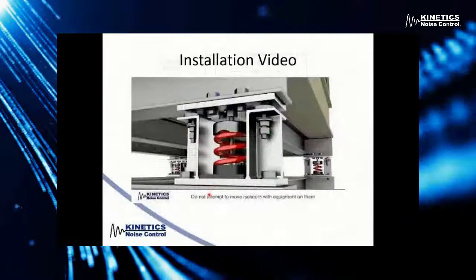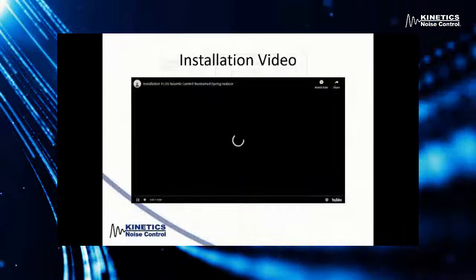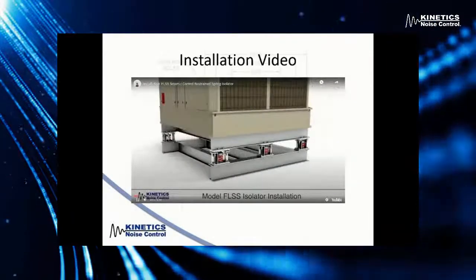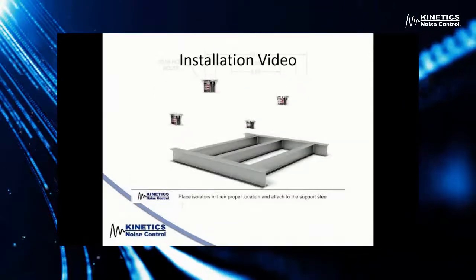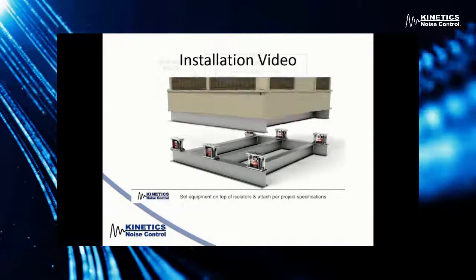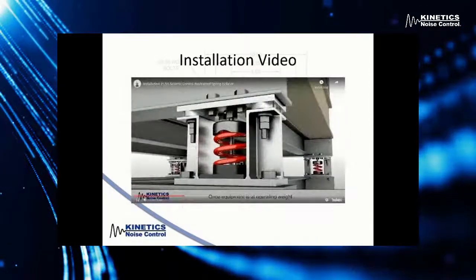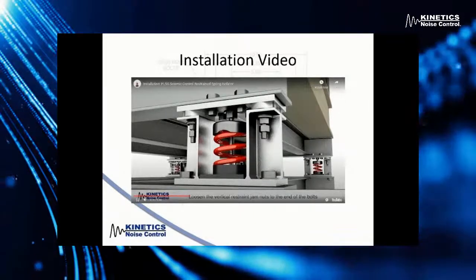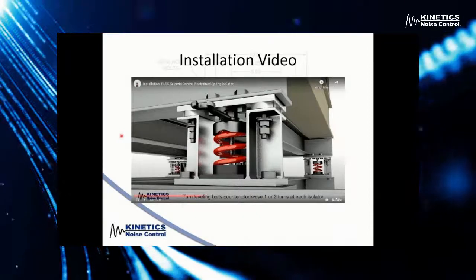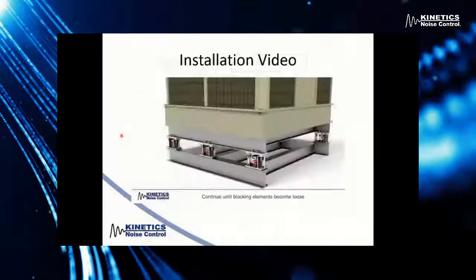A lot of the Kinetics products do offer a QR code, so the contractor can scan with their cell phone the QR code, and then they can watch a simple installation video on how to properly set up, install, and adjust the isolators. I think the biggest fail we see at the factory are misadjusted isolators. So as you can see from this video, they're going to adjust the snubbing element down so they can start moving the springs, and then you adjust by doing 3 turns on each isolator and then moving around in a circuit.